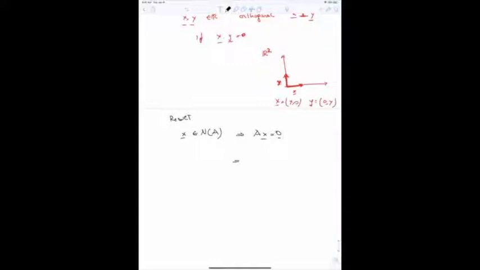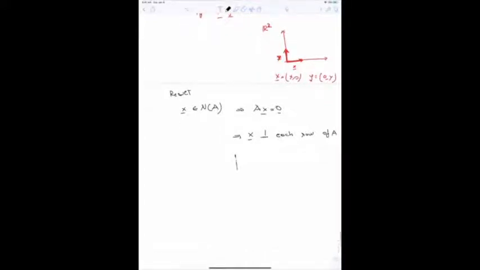But this means that x is perpendicular to each row of A. Because you take the matrix A, you multiply by a vector x1, xn.